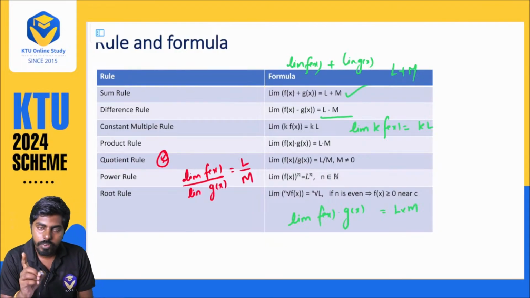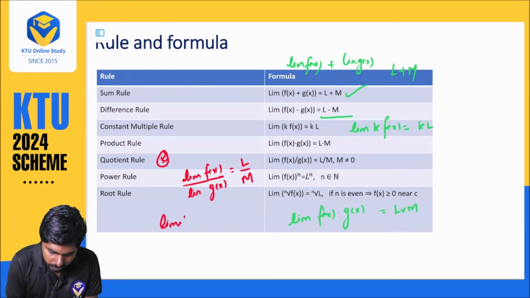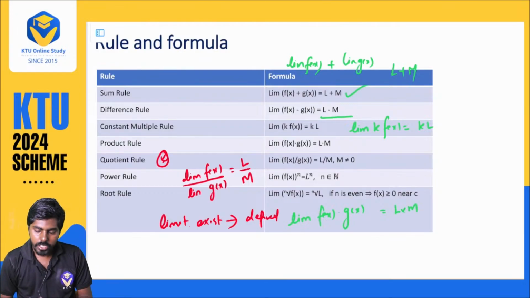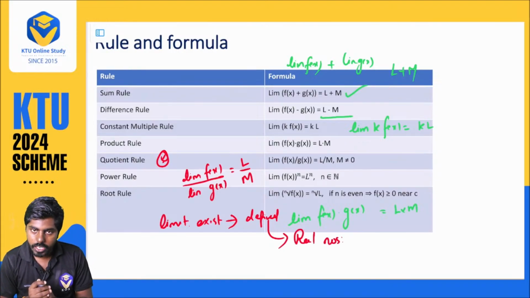But there is a very important condition: the limit should exist, meaning it should be defined. Defined means it should be a real number.